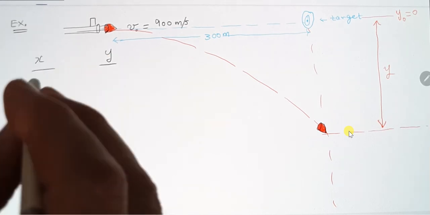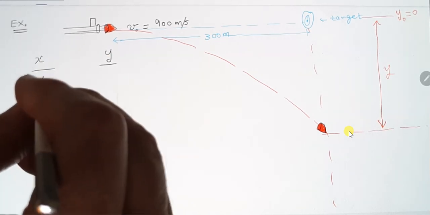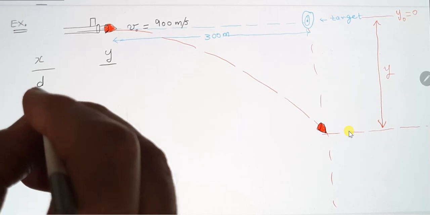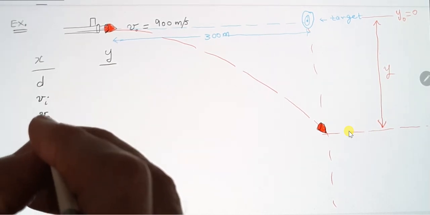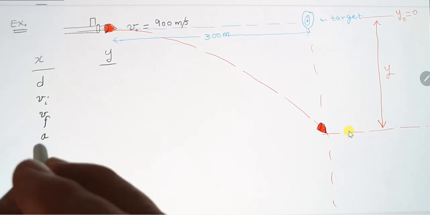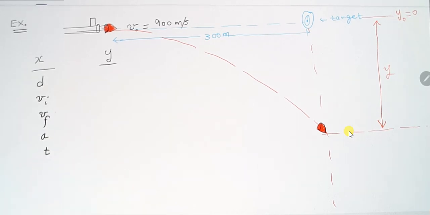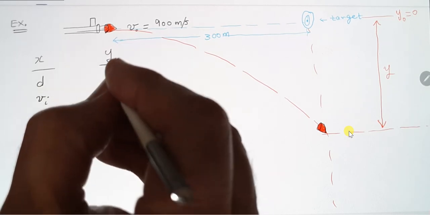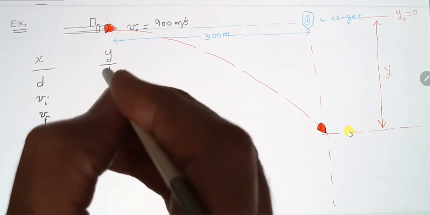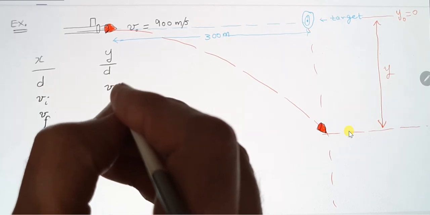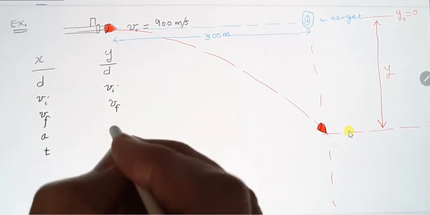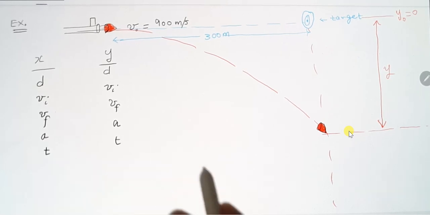In the x, and in the y, you need to write d, v initial, v final, acceleration, and time. Always you write those five in the y and the x. And then let's try to fill them. Let's see the information.